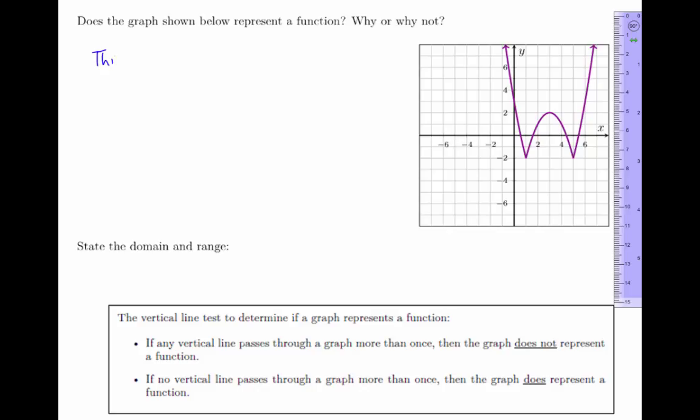So this graph does represent a function. And to summarize it, we could cite the vertical line test. We could also say each input is associated with exactly one output.